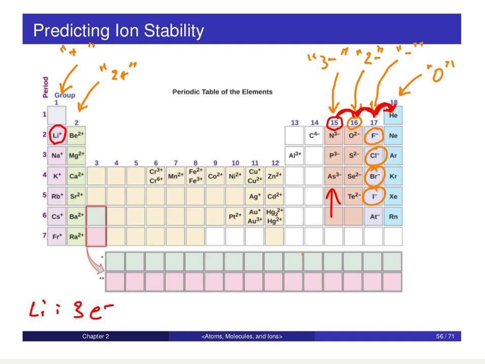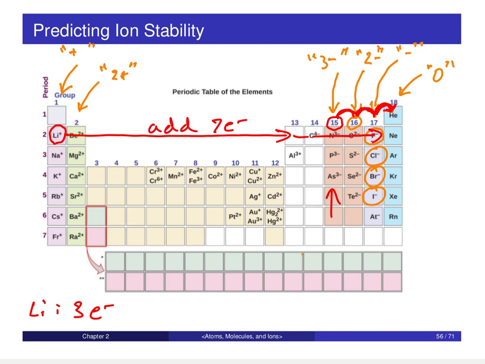There's a couple of pathways. Lithium could add a whole bunch of electrons and end up looking like neon. If he wanted to look like neon, he'd have to go all the way across this way. You'd have to add 7 electrons to look like neon.